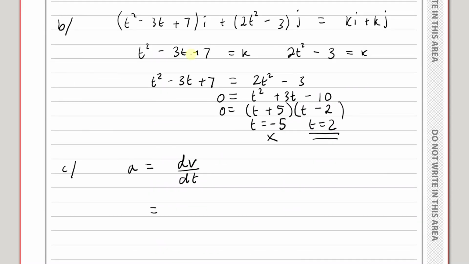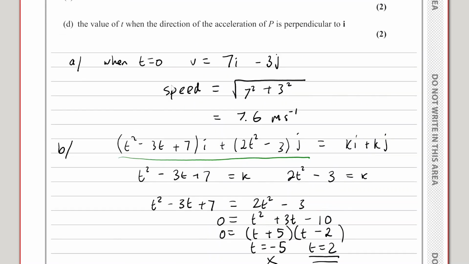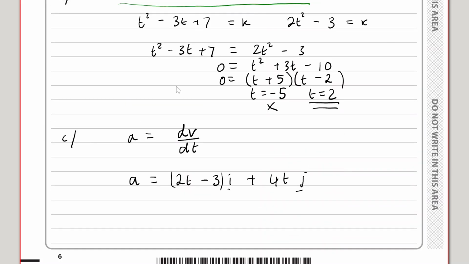So 2t minus 3 i plus 4t j. So that's my acceleration. I want acceleration at t seconds, so that is my answer.